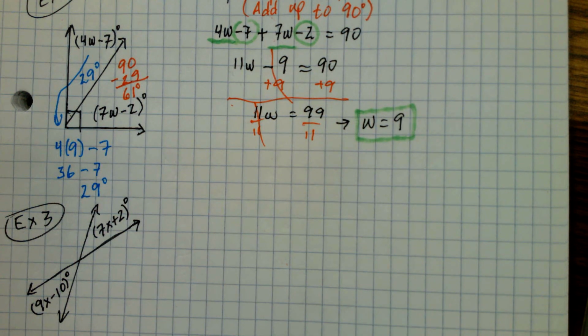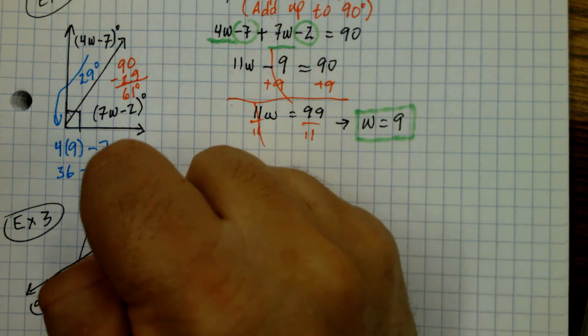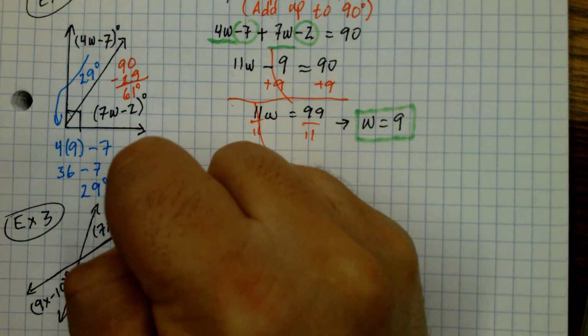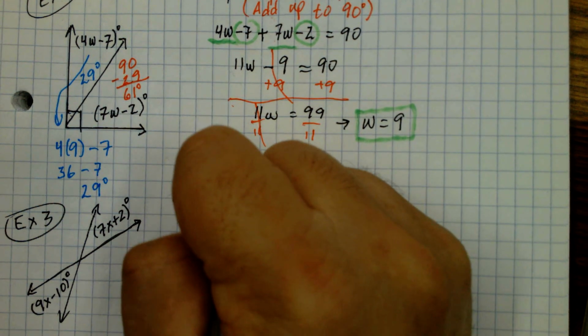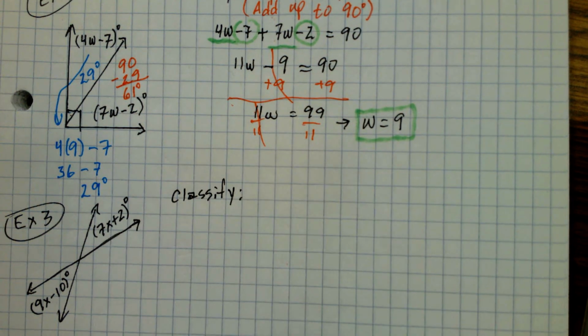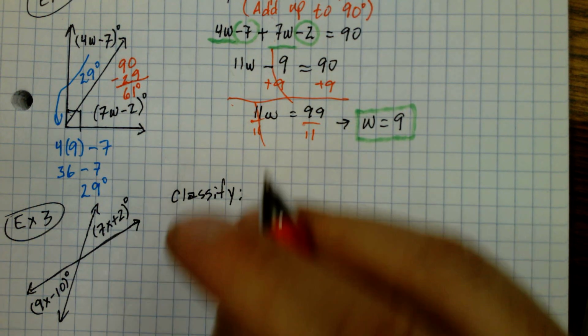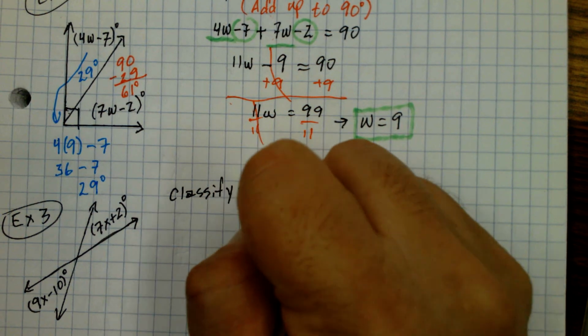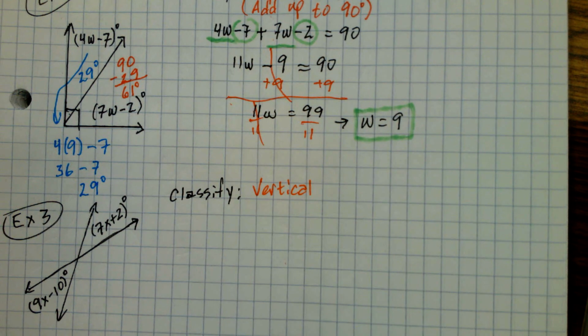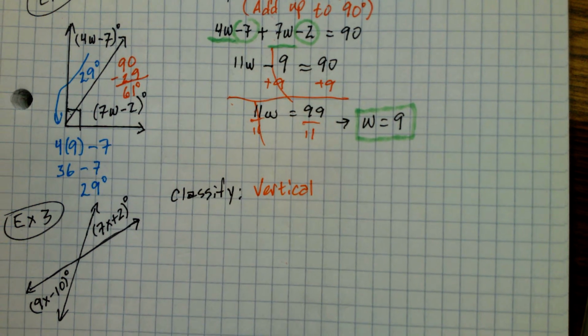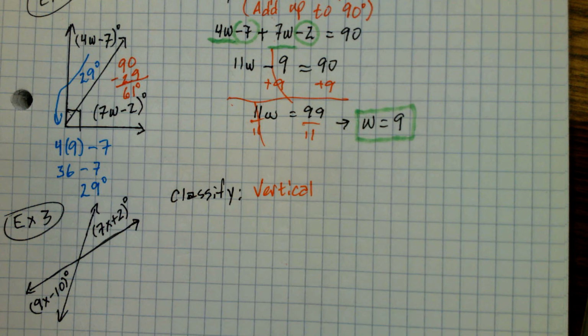And then we get to see the unique property of vertical angles. So these are vertical angles. So if we're classifying these, we have vertical angles. What's the unique property? Like, what's the relationship between these two measurements? Remember yesterday?